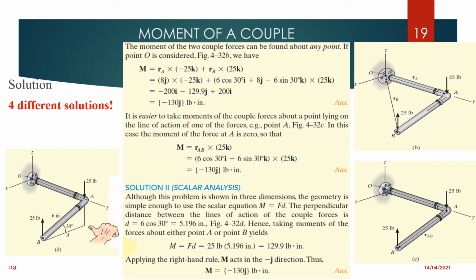The scalar analysis is where you calculate the force times the perpendicular distance. For the vector analysis, this is where you apply the cross product. You can use either RA or RAB, since we are looking at a couple.